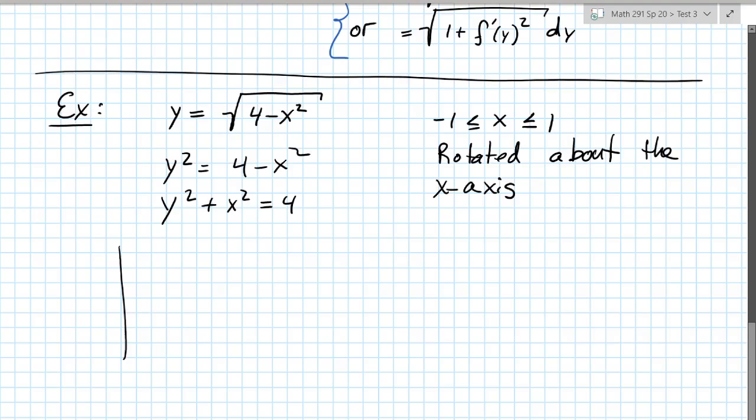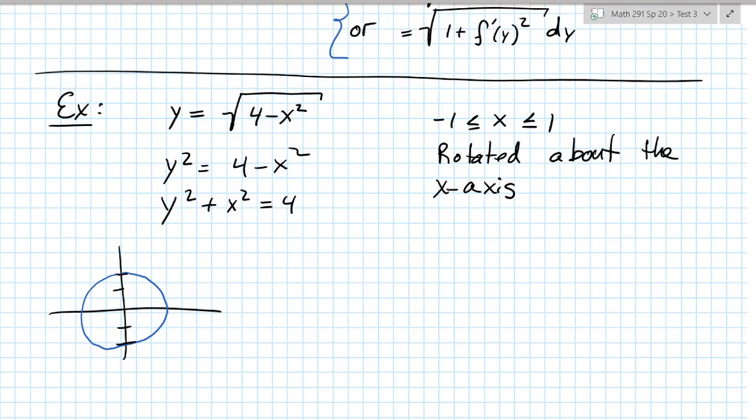So we've got a circle with radius 2, like so, rotated about the x-axis, noting we want to go from -1 to 1. So we just want this section right here.